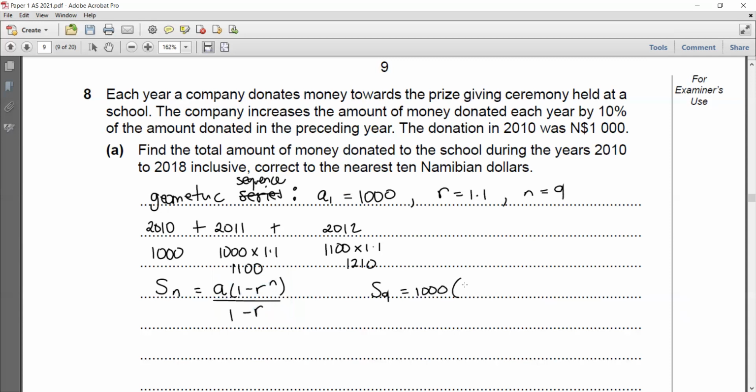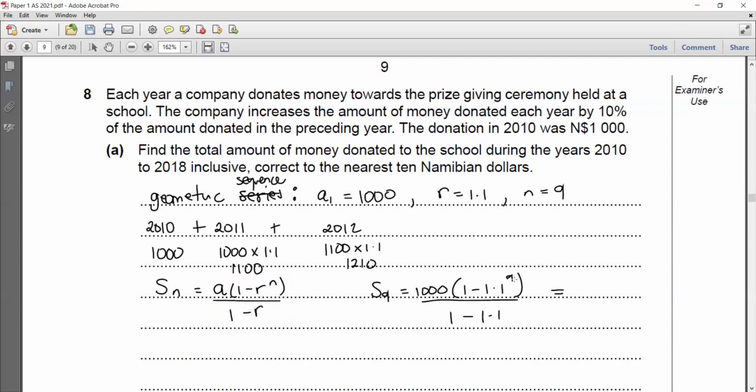And then I have 1 minus 1.1 to the power of 9, divided by 1 minus 1.1. So this you type in on your calculator exactly the way it is. So we have 1000 brackets 1 minus 1.1 to the power of 9.